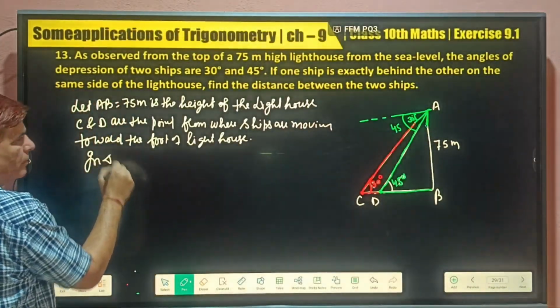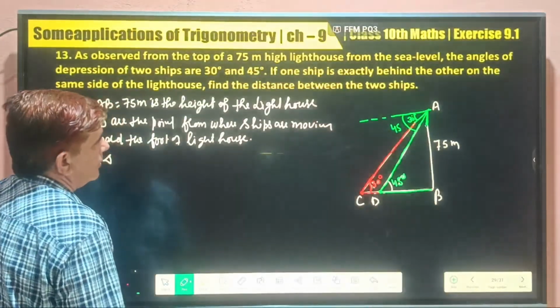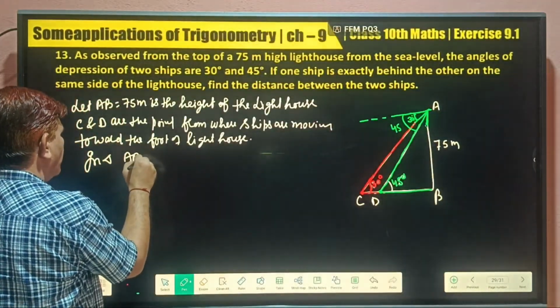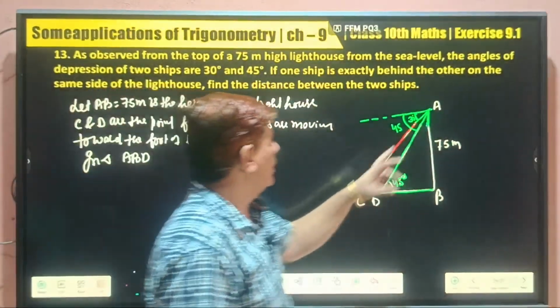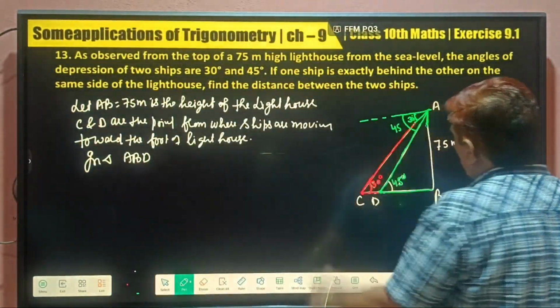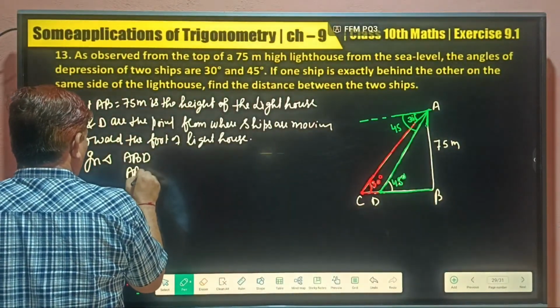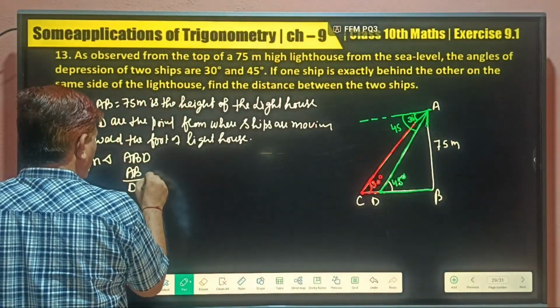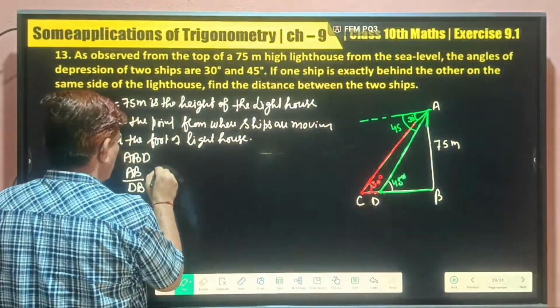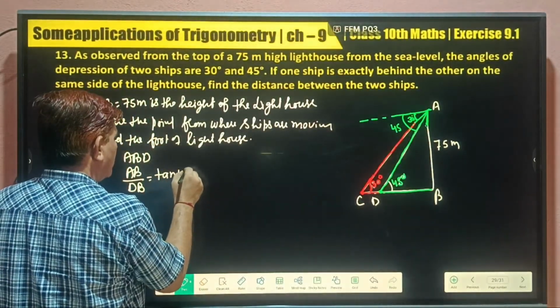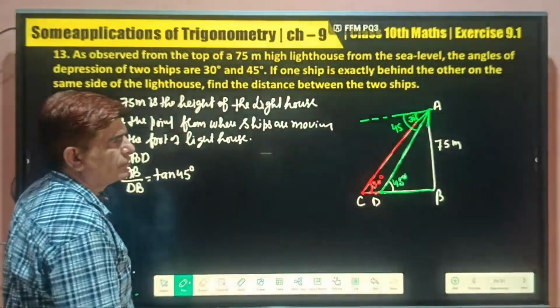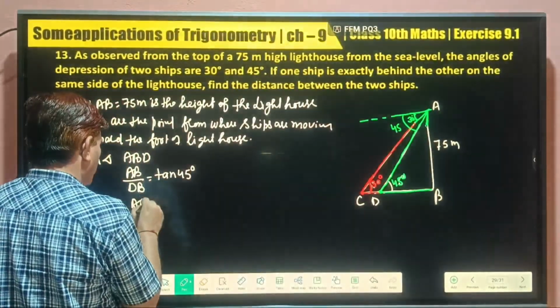In triangle ABD, AB by DB is equal to what? Tangent 45 degrees, and tangent 45 is equal to 1.